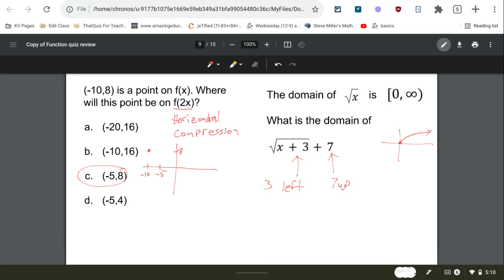Moving it 7 up doesn't change the left and right of it. So since we're moving to the left 3, it would look something like this. And that means we're going to have to subtract 3 from each of these numbers from the domain. So the new domain is going to be -3 and still to infinity. All right, it's still going to the right forever.